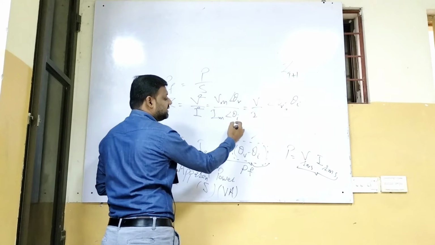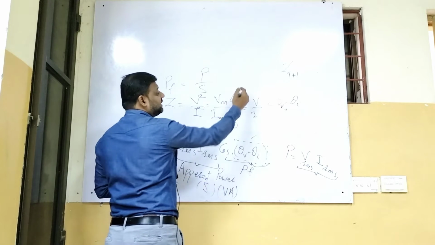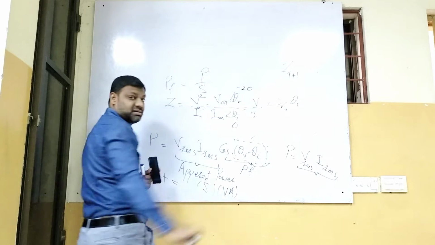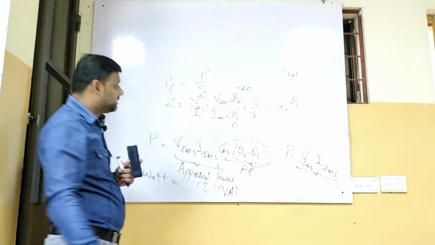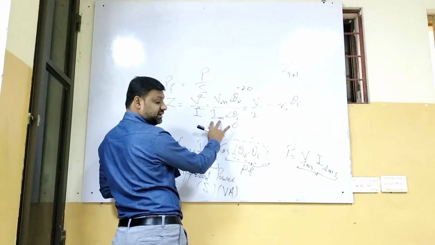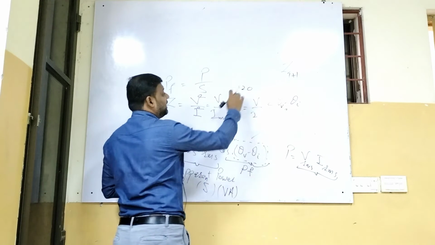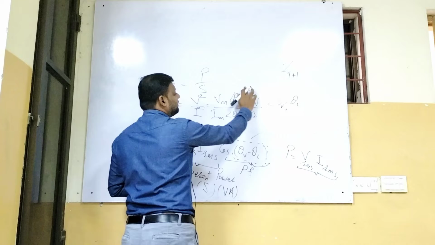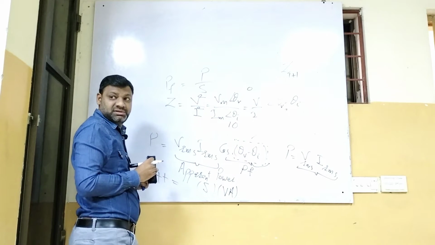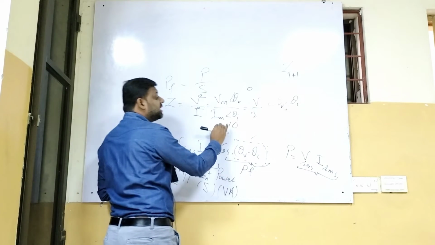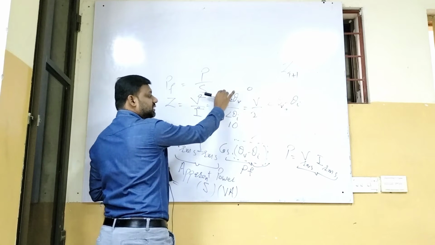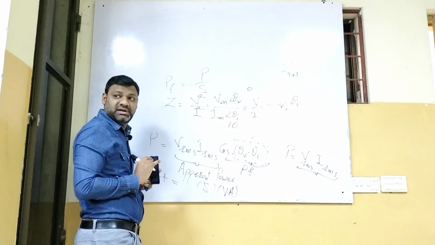For example, voltage has 0 degrees and the phase of the current is 10, it means current is leading the voltage.